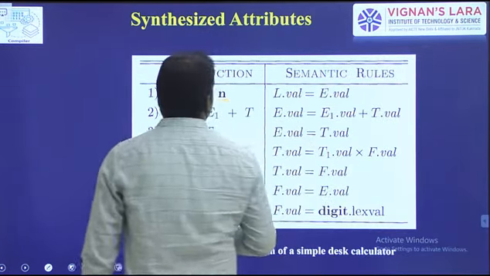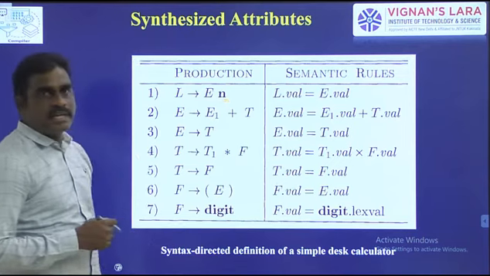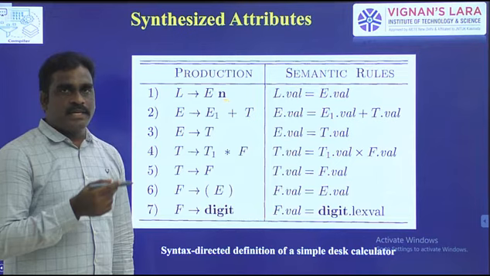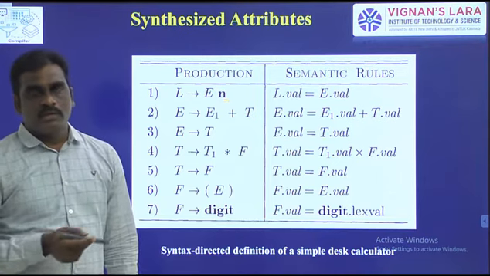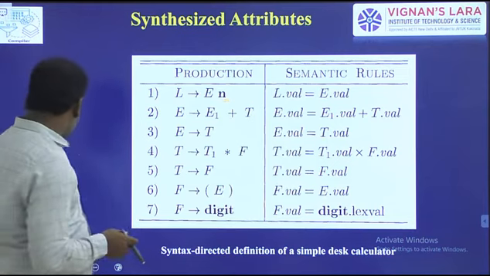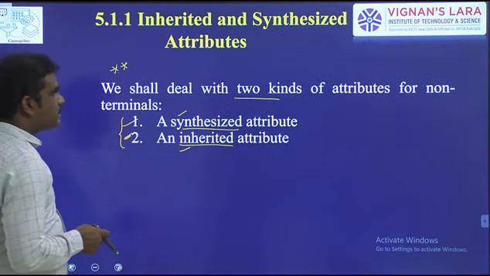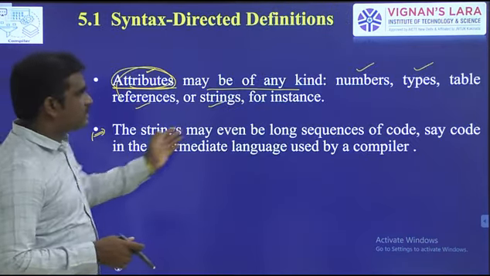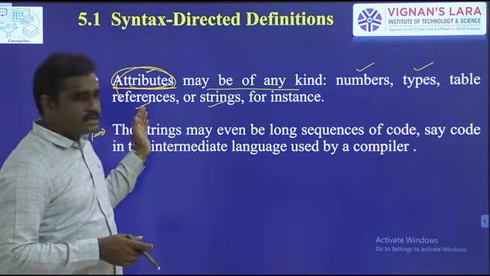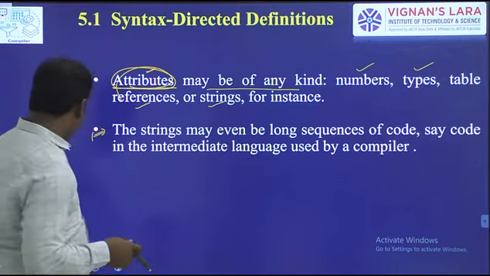And next, I have already mentioned that in SDD each and every grammar symbol is associated with attributes. Different attributes are there: numbers, types, table references or strings.